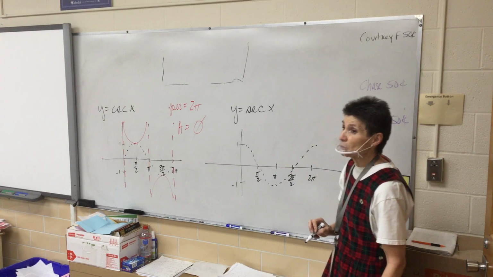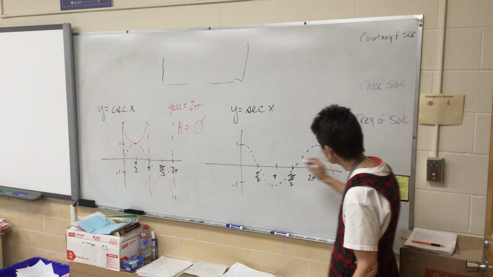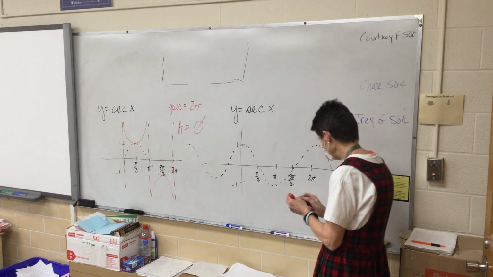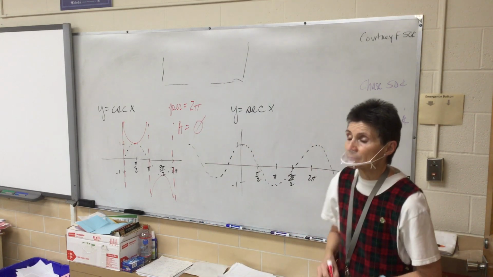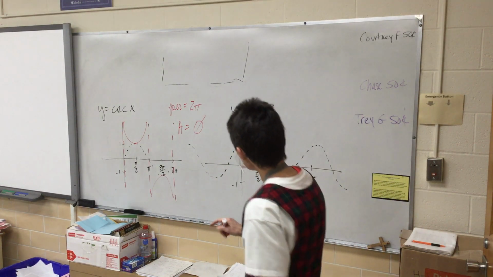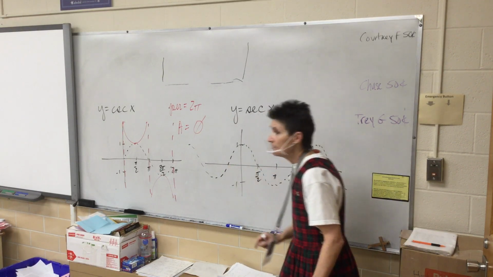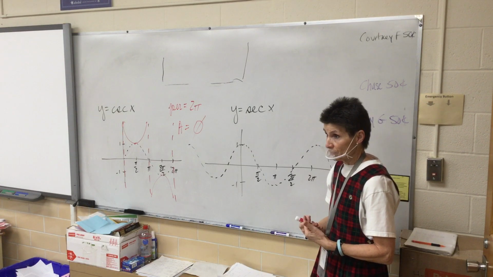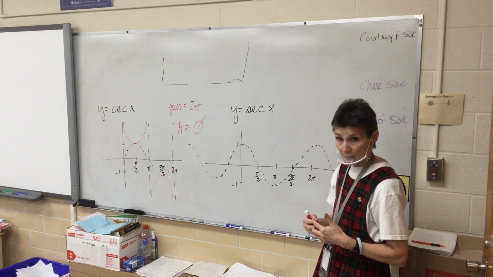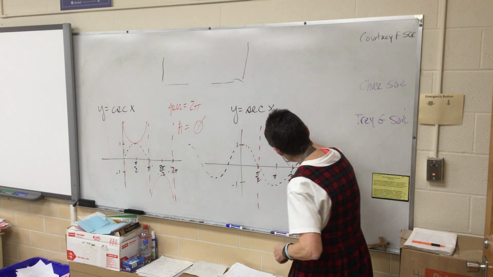And this one's going to look very strange, so do remember that it keeps going. It goes forever and ever. Now, every time it crosses the x-axis, here and here and here and here, its value is 0. When you take the reciprocal of 0, 1 over 0 is undefined. So you're going to drop in asymptotes every time it crosses.